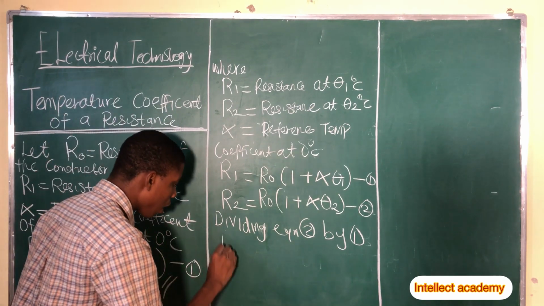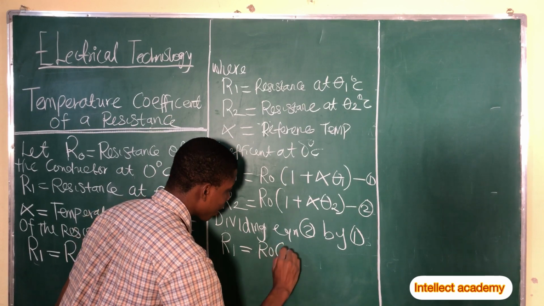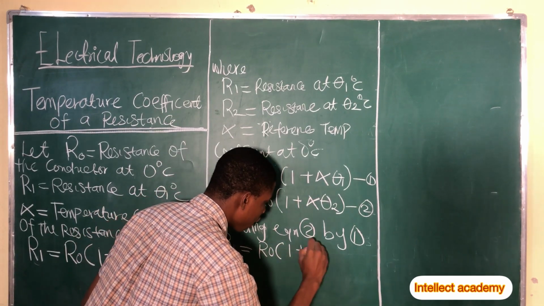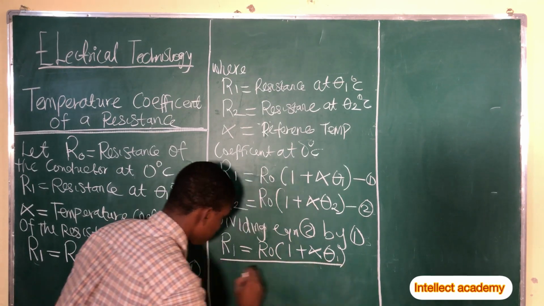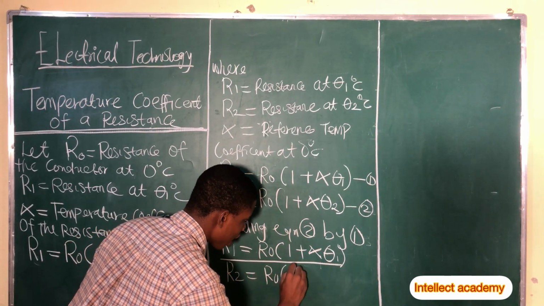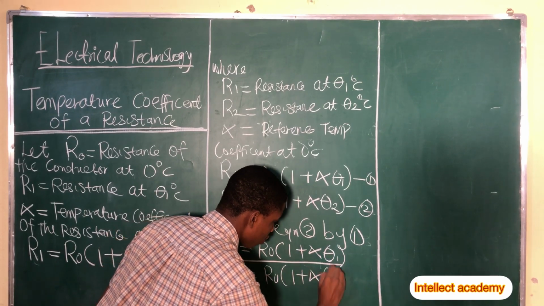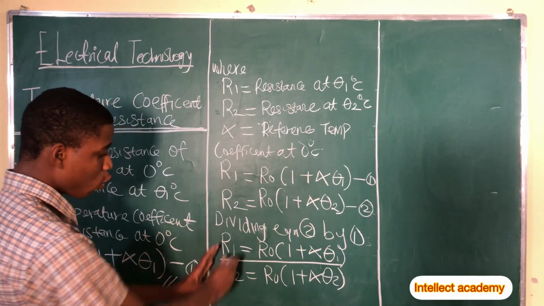So we're going to have R1 equals R0 bracket 1 plus the reference temperature coefficient multiplied by theta 1, all over R2 equals R0 bracket 1 plus the reference temperature coefficient multiplied by theta 2. So we are going to break this down.